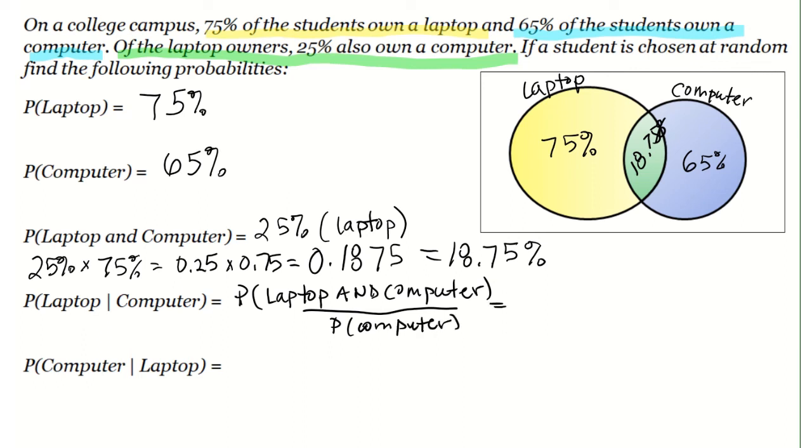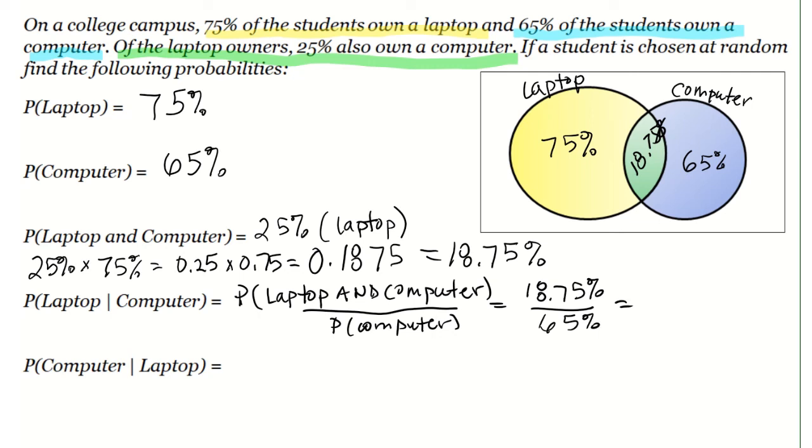So that's going to be the intersection of the laptop and the computer, which is 18.75% divided by the probability of the computer, which is 65%.